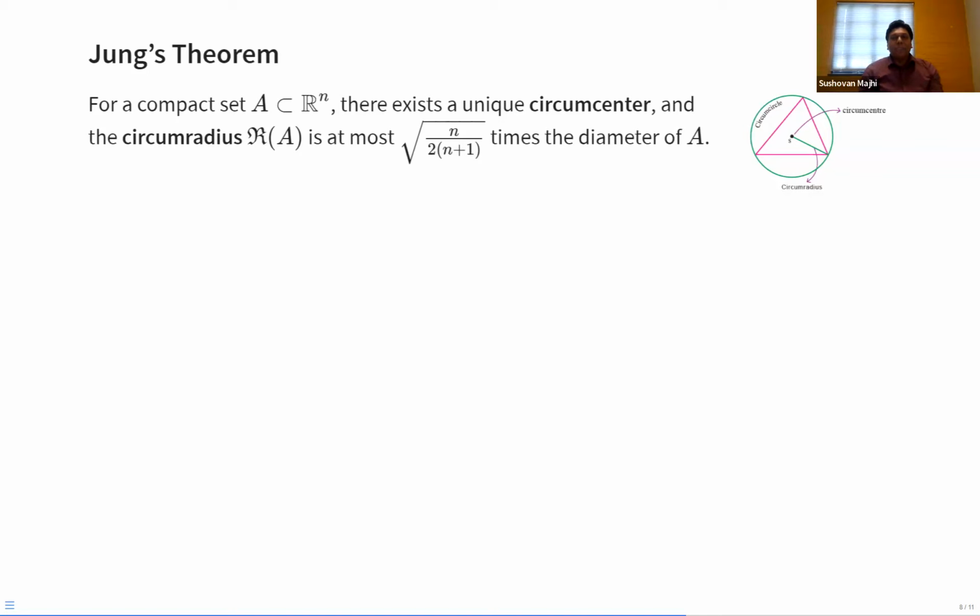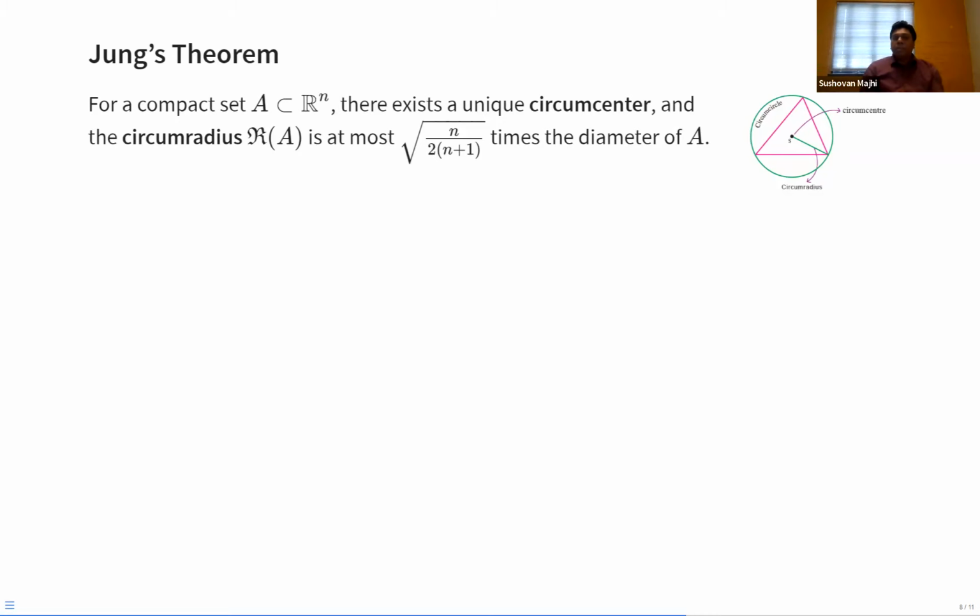So basically, we're talking about a circumball, the smallest ball that can enclose the entire set A. The center of the ball is called the circumcenter, and the smallest such radius to enclose the entire set is called the circumradius, denoted here by R of A.